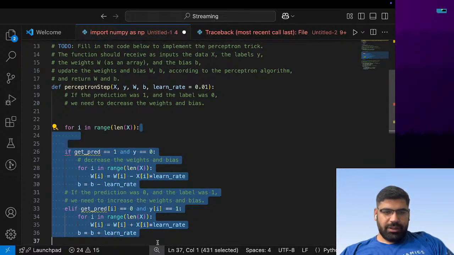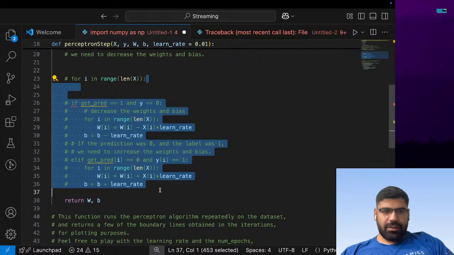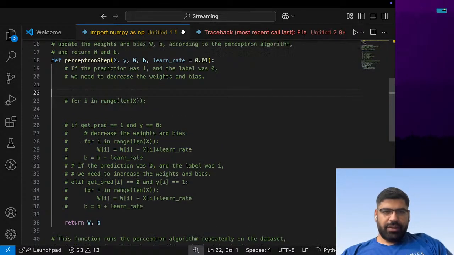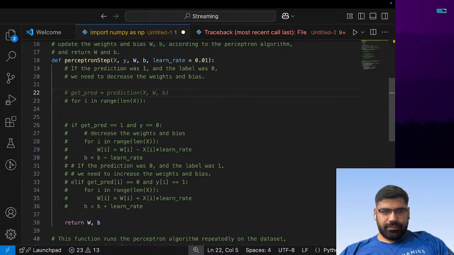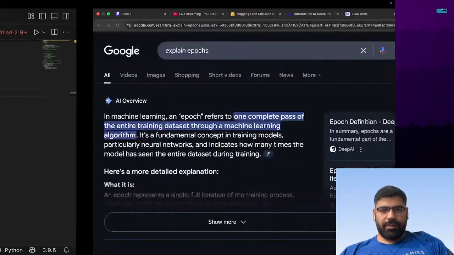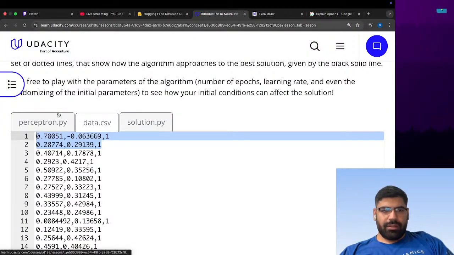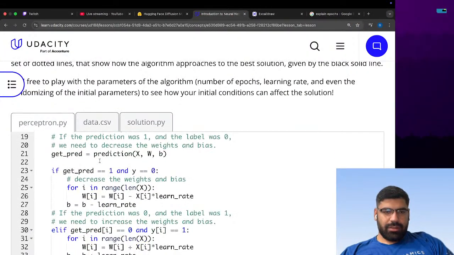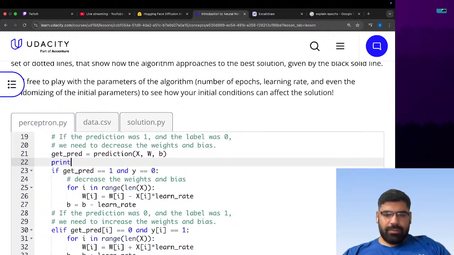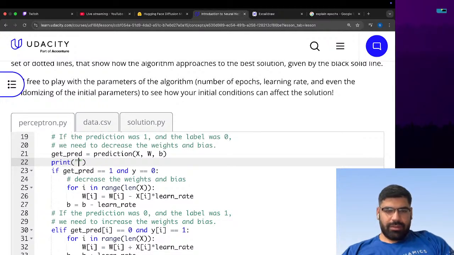Let's pause all of this, comment this out, and see the value of this. Or print. Can I print? Here. Print the get prediction.